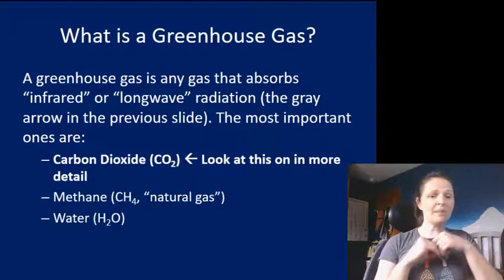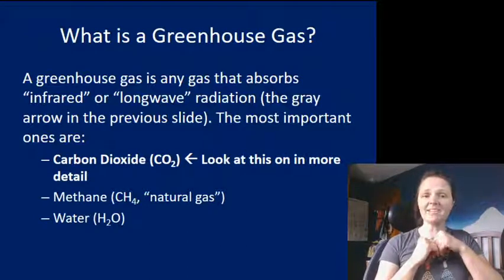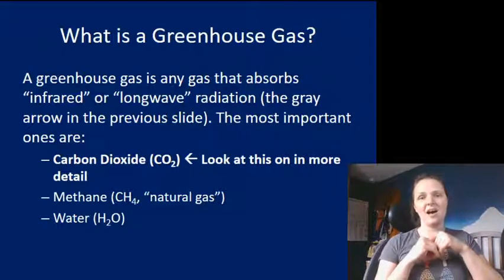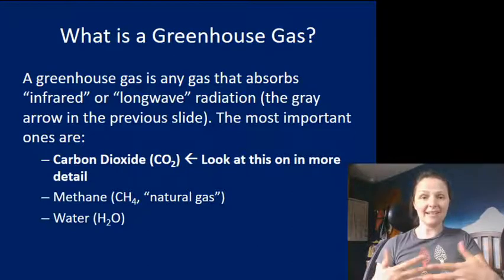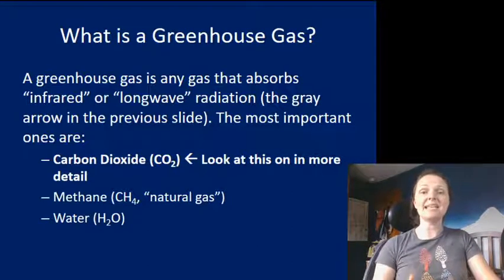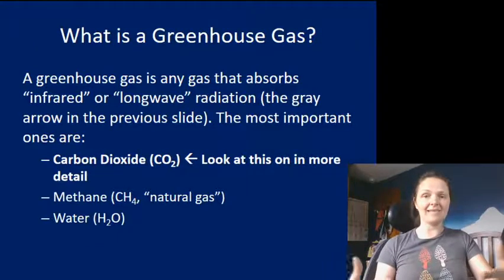Probably the second most important greenhouse gas that you should be aware of is methane. And methane, we don't usually call it methane in this class. We call it natural gas. So the fuel of a natural gas power plant is methane. When you burn gas in a natural gas power plant, what you are intending to burn is methane. Anything else that is in that gas is probably a pollutant, an impurity that you don't want to have in there.